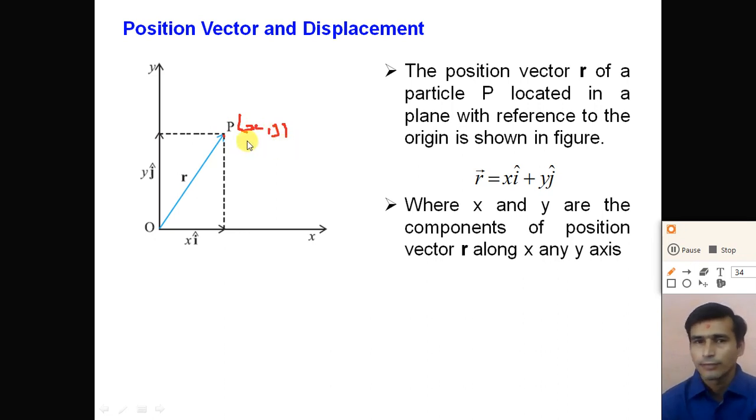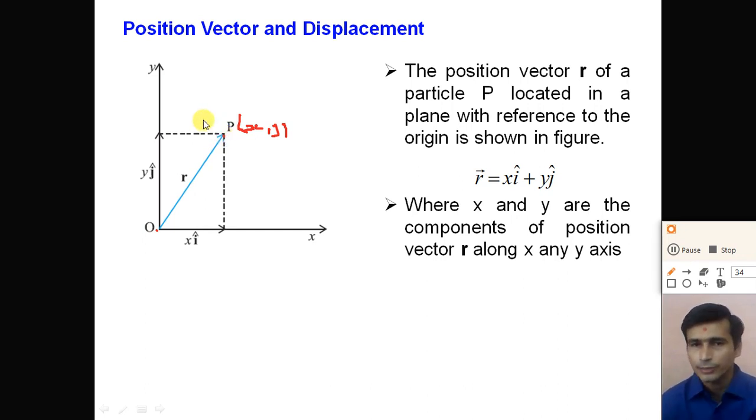So what is the position vector of the point P? The vector joining the origin to the point P is called the position vector of the point P at that time. Now if the position vector of the point P remains constant with time, we can say that the object is stationary.